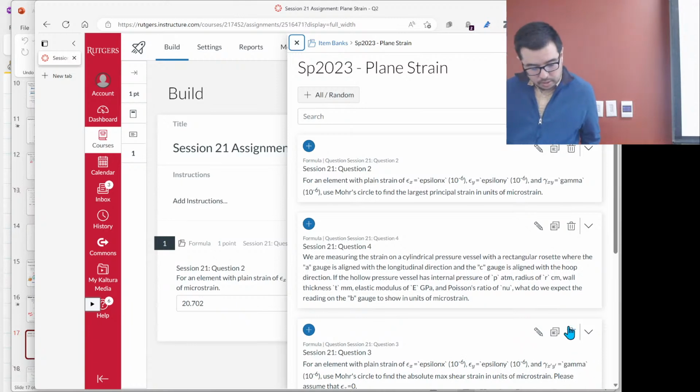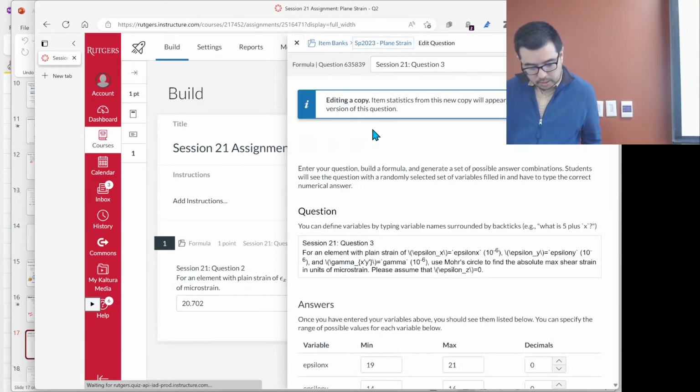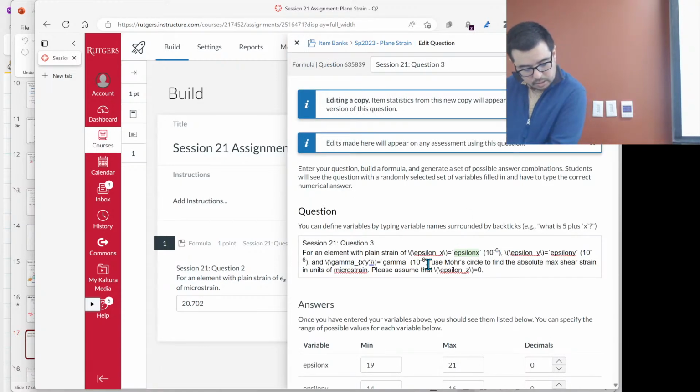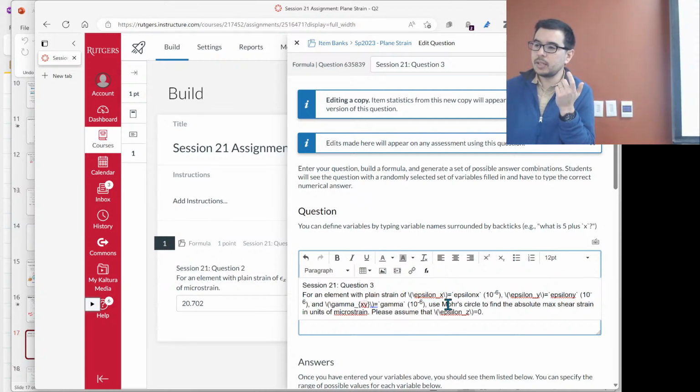Question 3 also needed some adjustment. Canvas is interesting in that, so some of you are probably familiar with LaTeX. It doesn't use LaTeX exactly. It doesn't use the dollar signs.